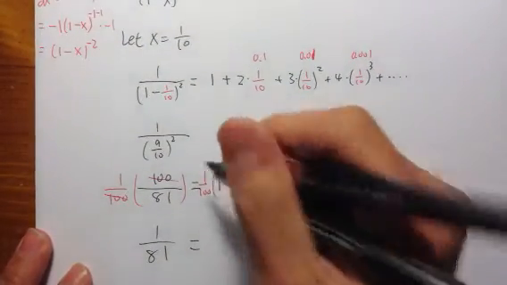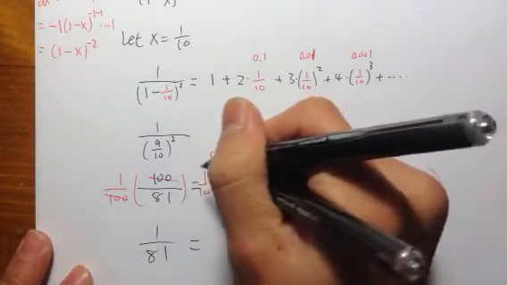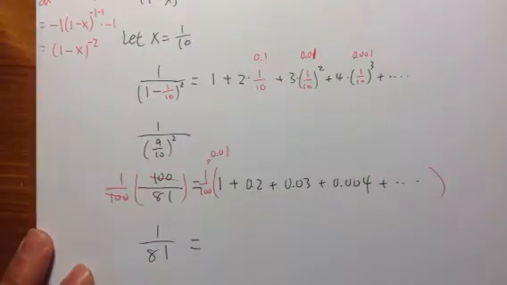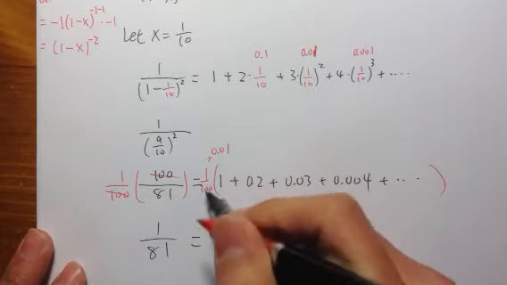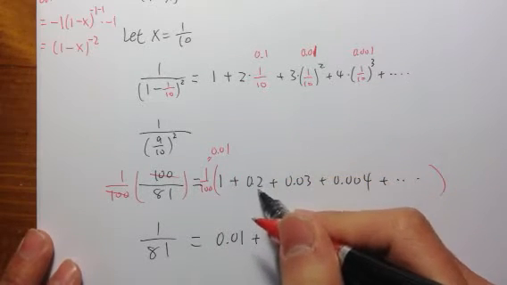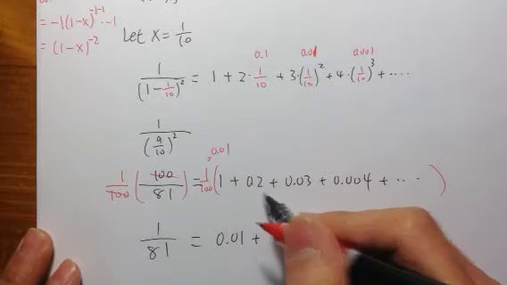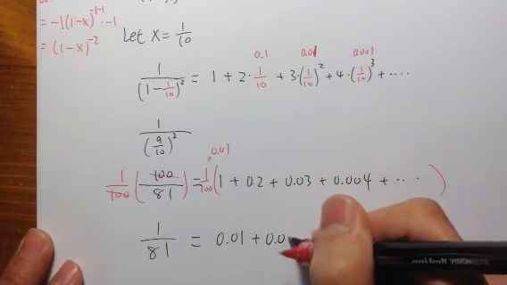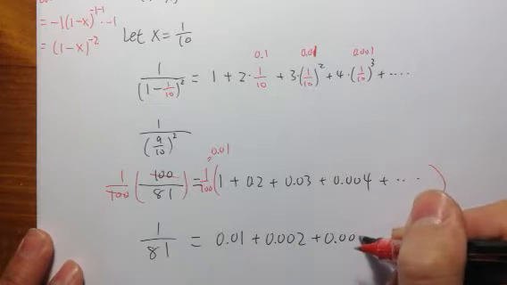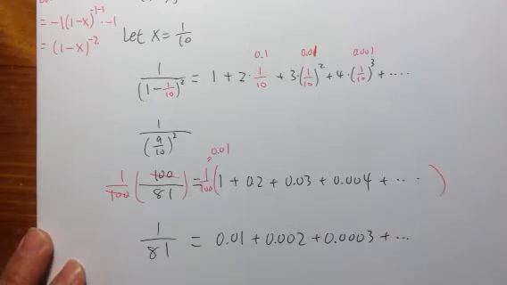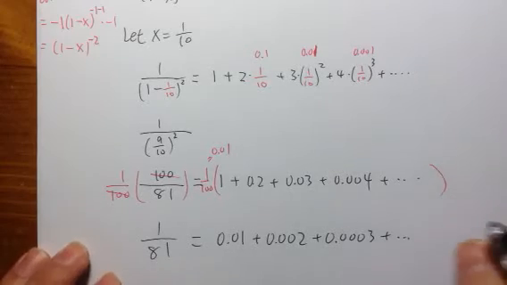It's like saying this is 0.01. So I have 0.01 plus 0.2 times 0.01, you get 0.002 plus 0.0003, and so on. Right? And that's pretty much the setting.